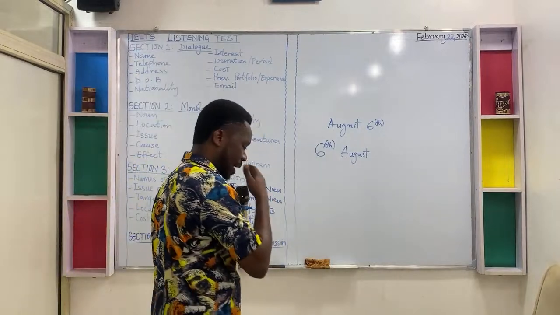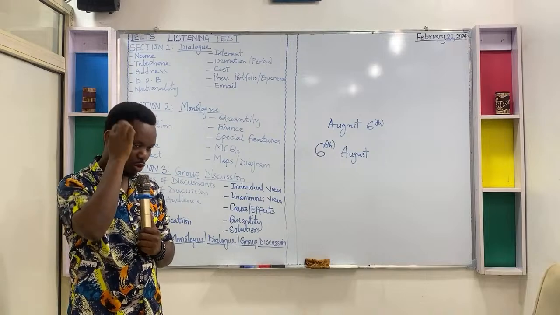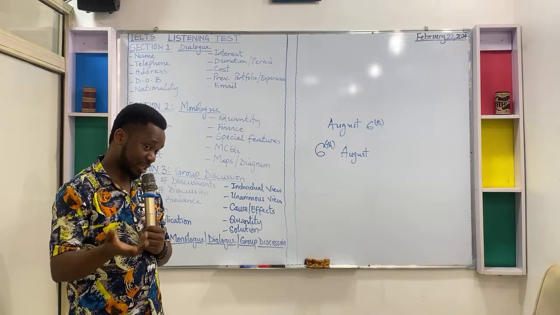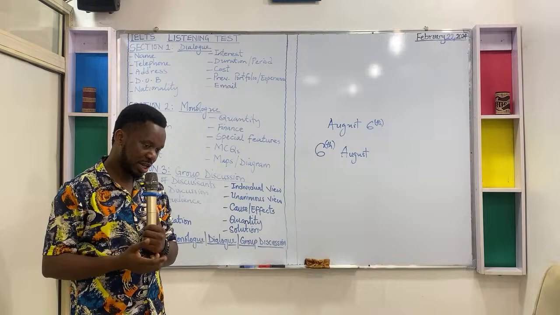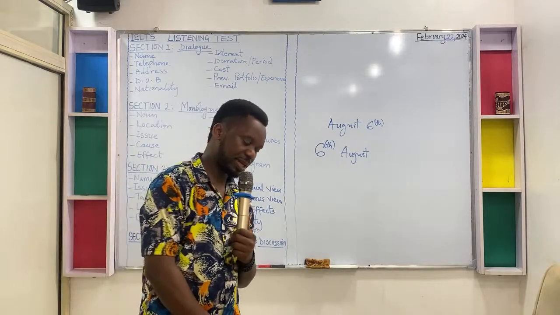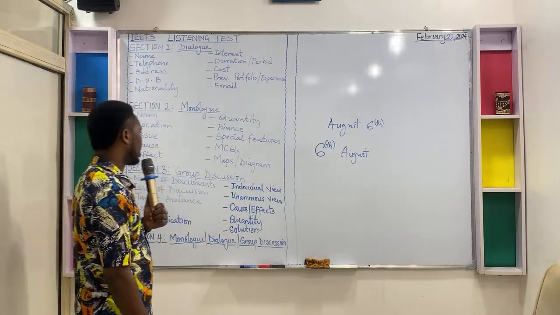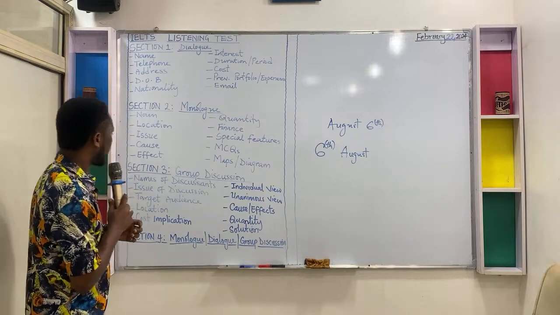So it's more like the practice of one person giving a talk or making a presentation or delivering a speech, but there must be an audience. That's when a monologue is said to be performed or carried out.